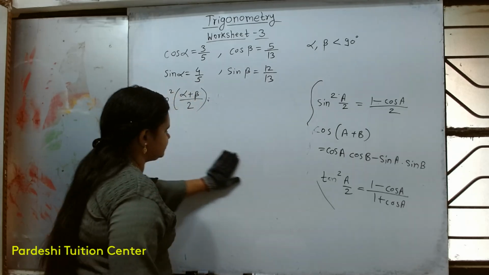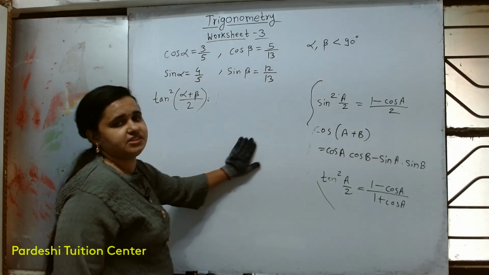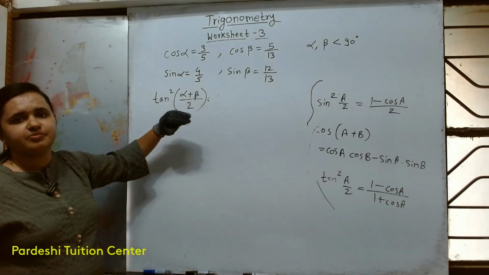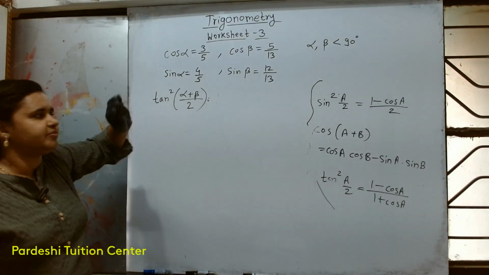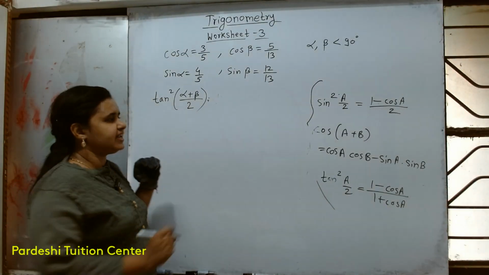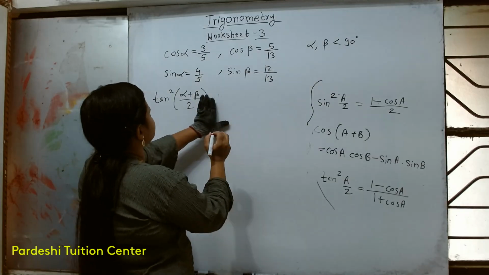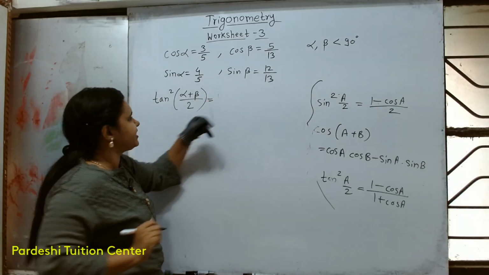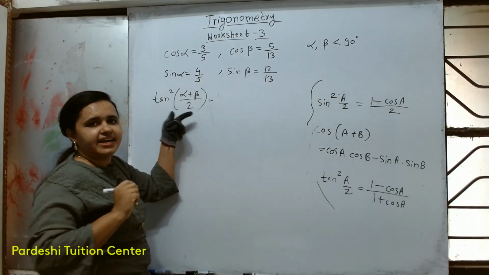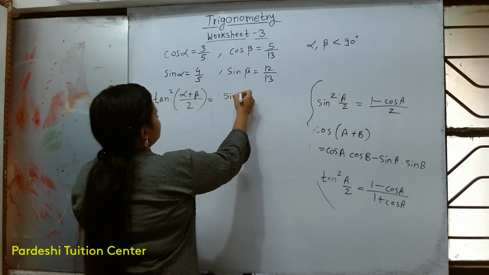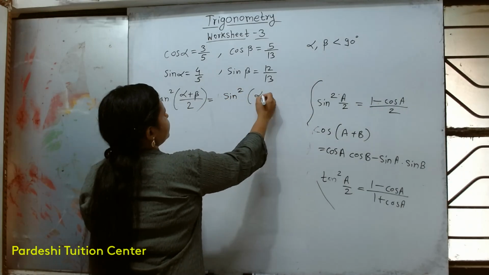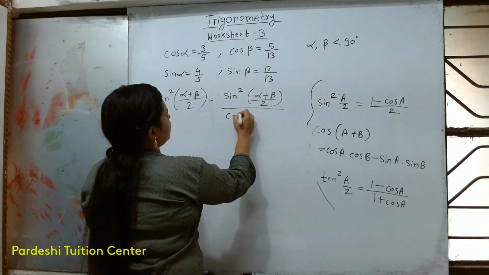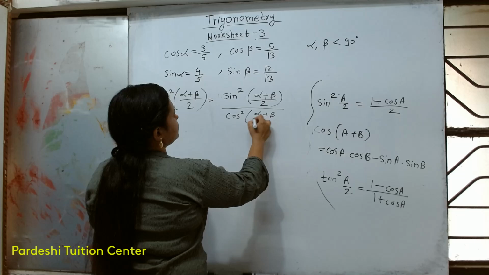There is also one easy method, as this is a too lengthy method. We have just calculated sin square (alpha plus beta) by 2 and cos square (alpha plus beta) by 2. So sin upon cos is tan. This is our second method. So we can write tan square (alpha plus beta) by 2 as sin square (alpha plus beta) by 2 upon cos square (alpha plus beta) by 2.